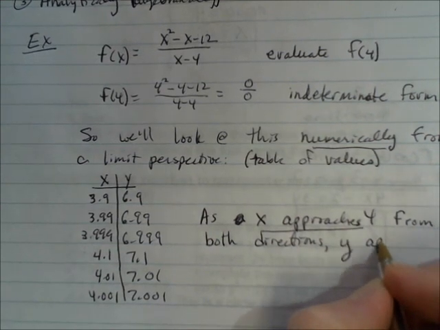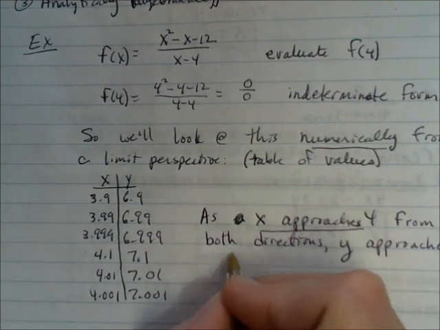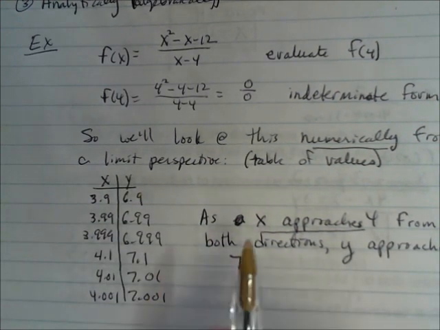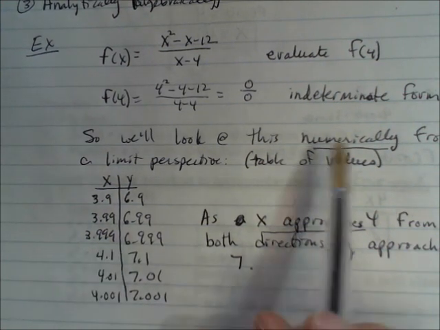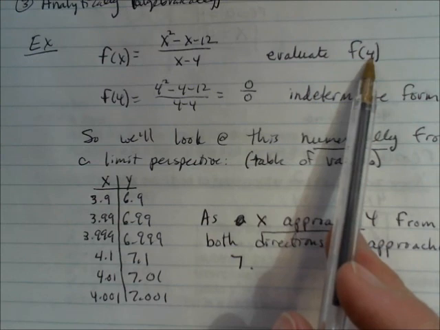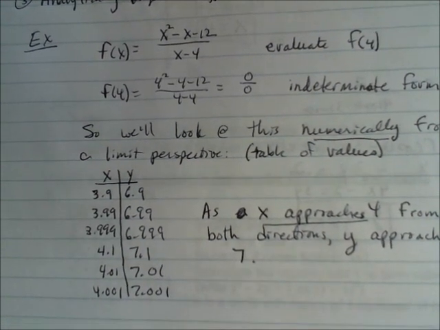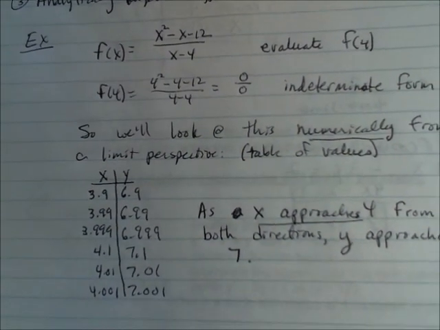Y approaches, well, what value does it approach? It approaches 7. So this is the numeric way of finding a limit. You just get the x values closer and closer and closer to the value that we want, in this case 4, and see what the y values are going to give us. So that's called the numeric way.